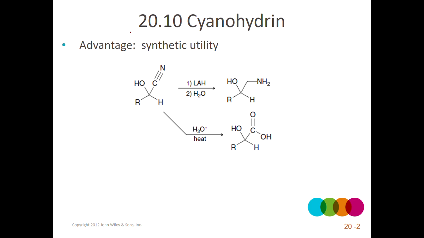Just to point out a couple of the reactions that can occur subsequently after the cyanohydrin formation. At the CN group, LAH can be used. So the hydride that's bonded to the aluminum, we know is a great nucleophile.